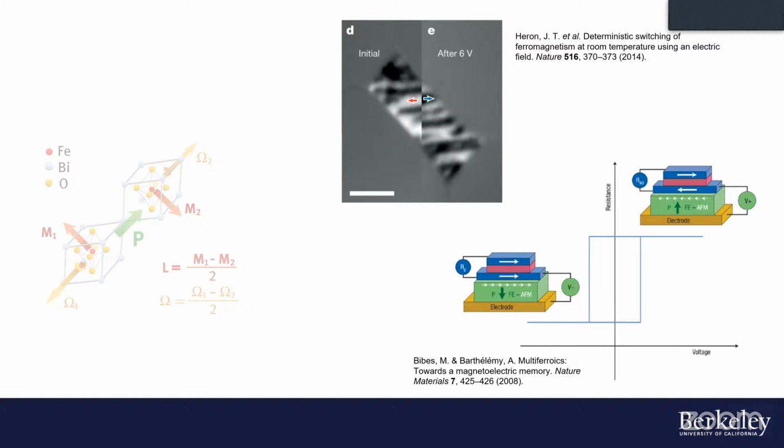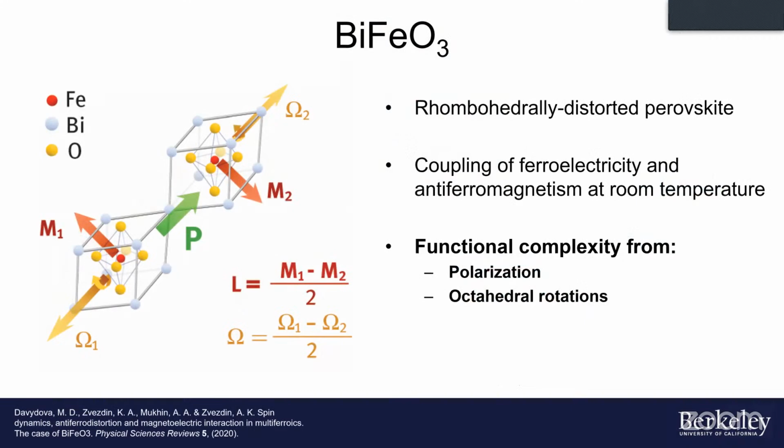This is all under the assumption, though, that we understand the magnetism and we understand the ferroelectricity of BFO fairly well, which I'm going to argue is not the case. So in BFO, your magnetization and your polarization, I said, are coupled through some of these special symmetries that exist in the material.